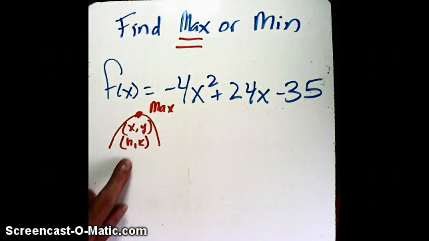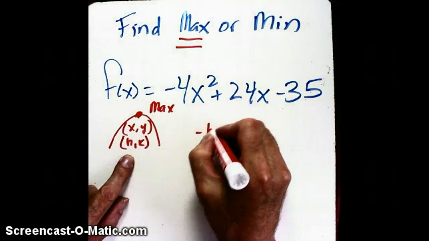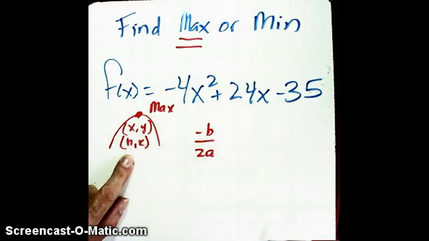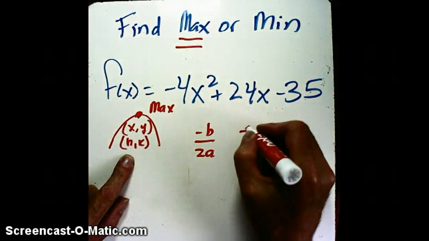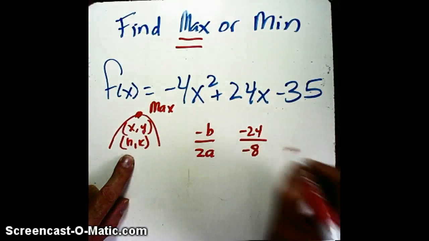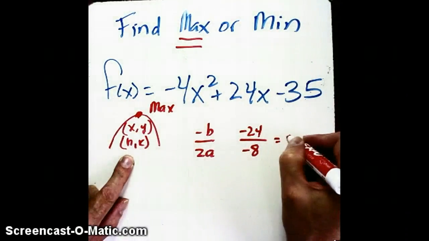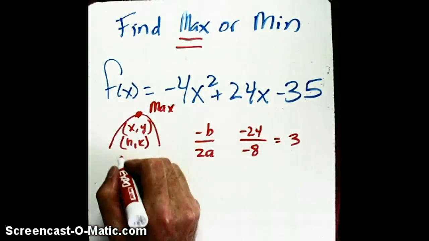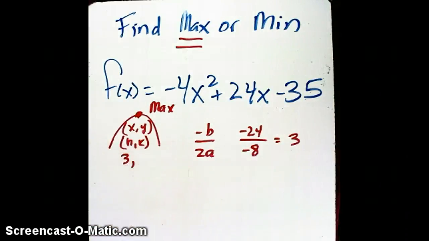So let's find h. I could do my negative b over 2a. That would be negative 24 over twice a, which is negative 8. And then, of course, that is 3. So now I know the x value there. But when I said find the maximum, that's like saying how high is the mountain.